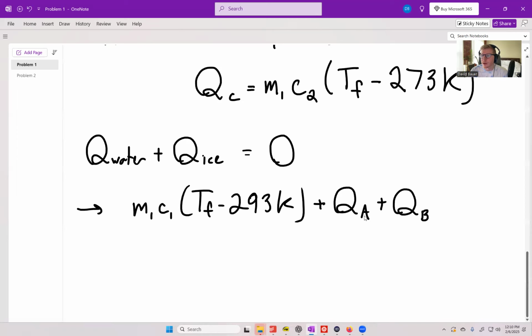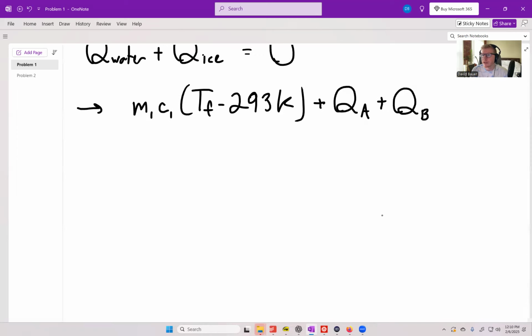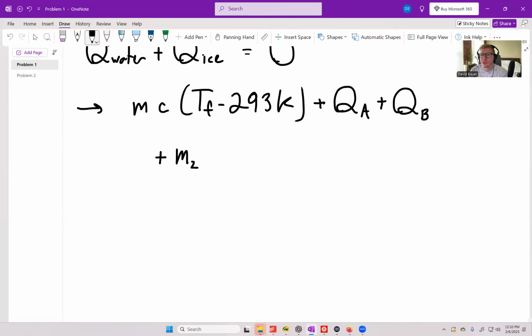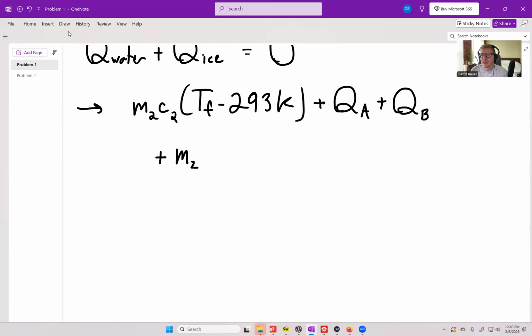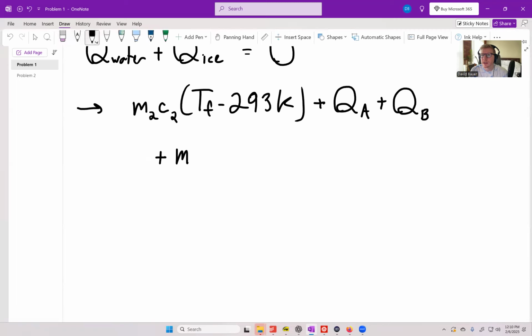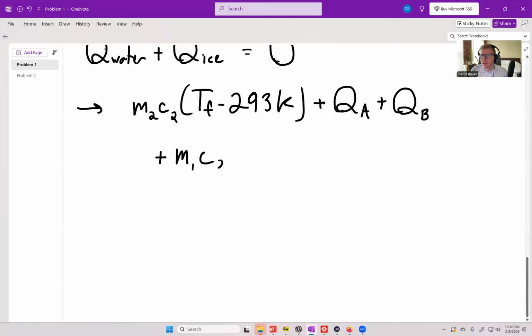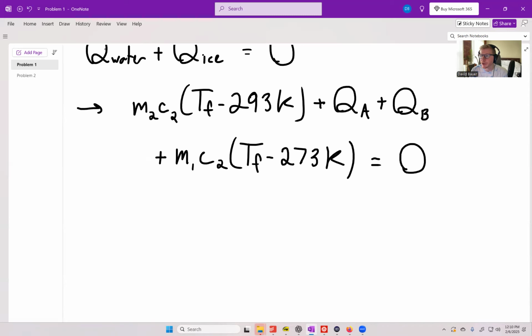Okay, we have those as numbers, so I'll just leave them in here as variables, and then plus M2. Sorry, this is 2. The water was 2. M2 C2 ... M1 C2 (T final minus 273 Kelvin).